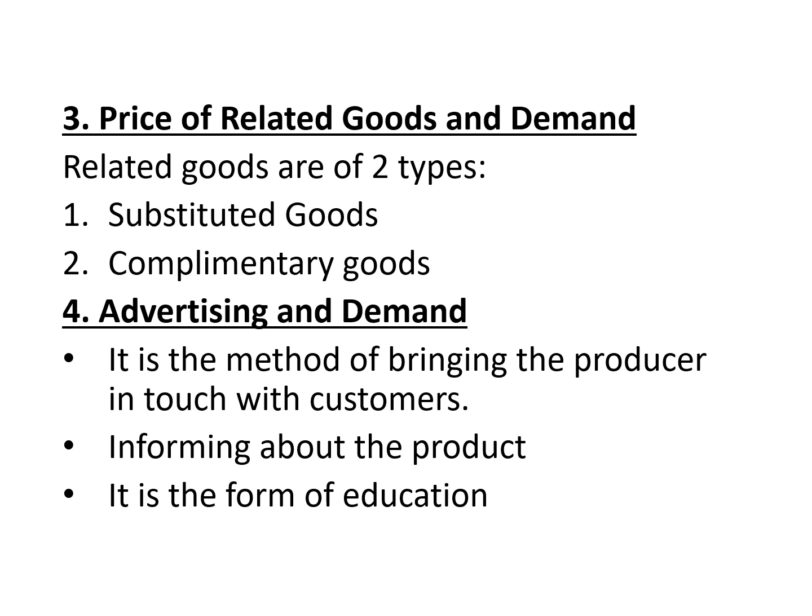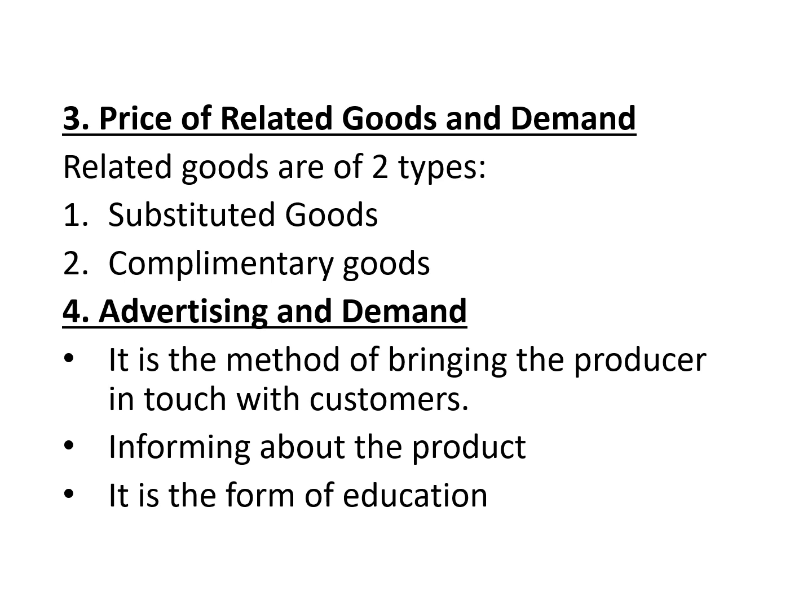So it is increasing in the same direction. Like for example, shoes and socks, refrigerator and stabilizer, you can take as examples under complementary goods.